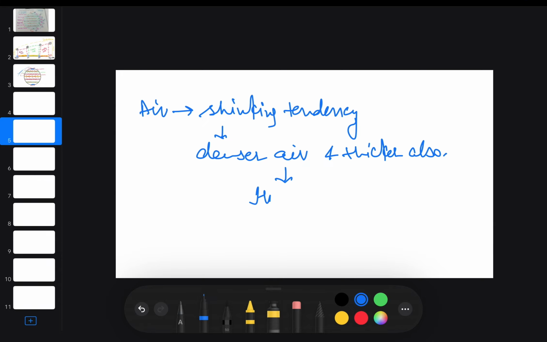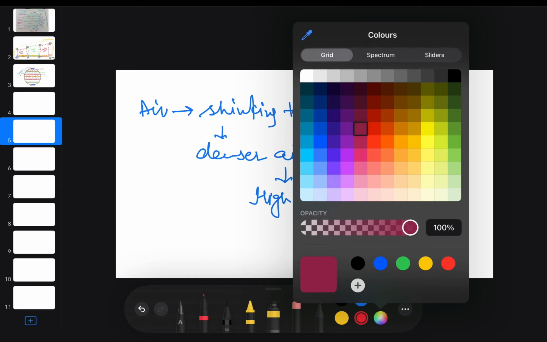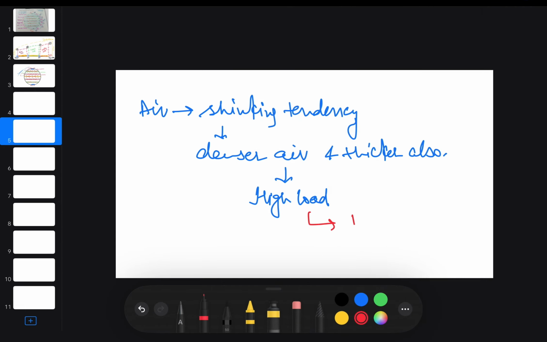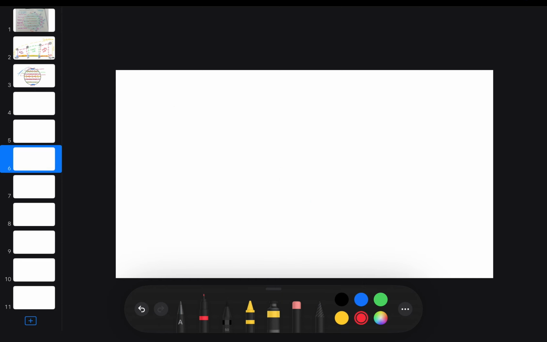So there will be high load, and then it will create high pressure. So low pressure and high pressure are associated with the vertical movement of air.